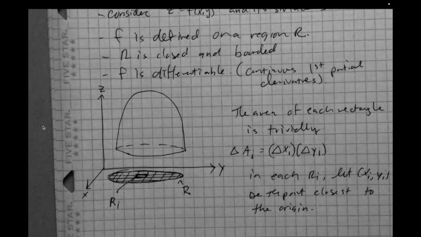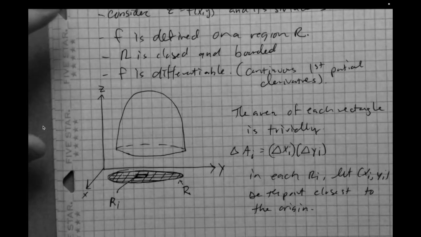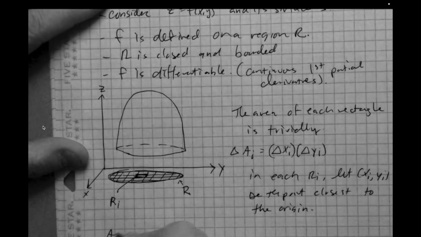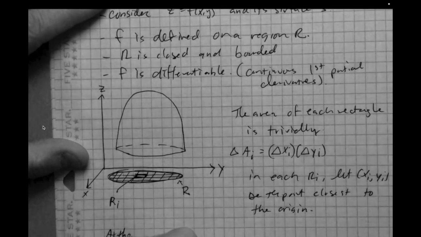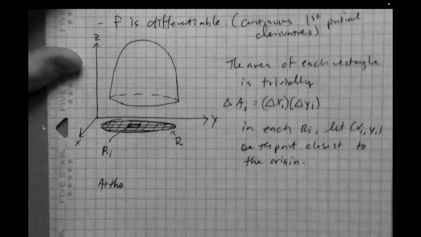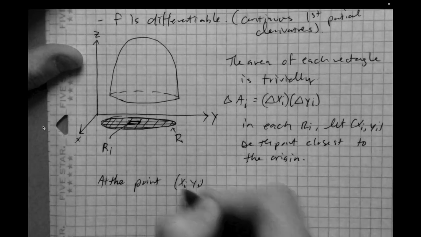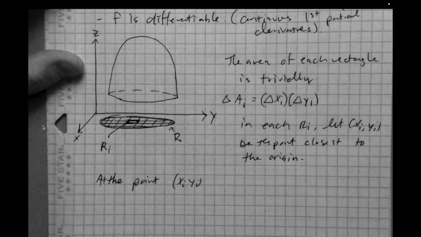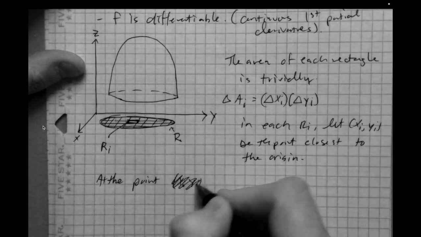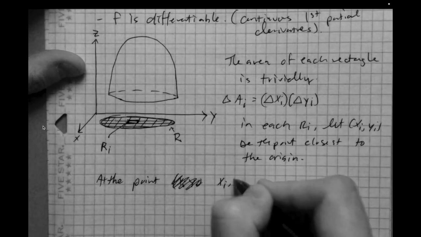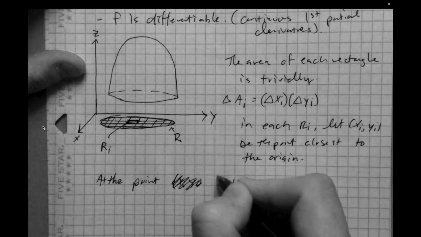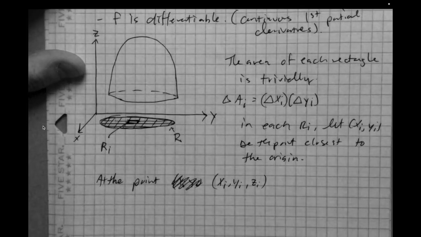Now we have to somehow extend this idea of area up into the surface. So at the point (xi, yi), actually I want to write it like this: at the point (xi, yi, zi), because it's a point on the surface.